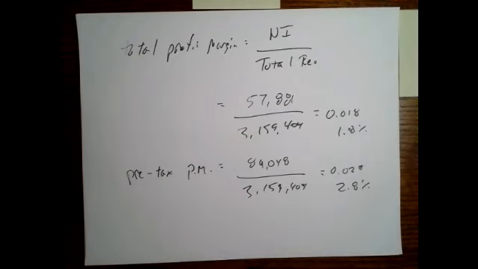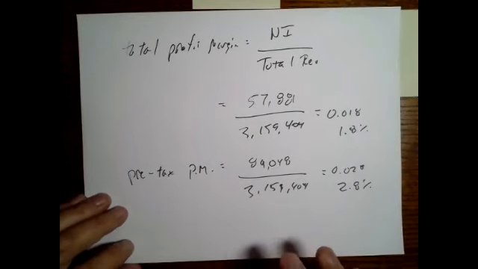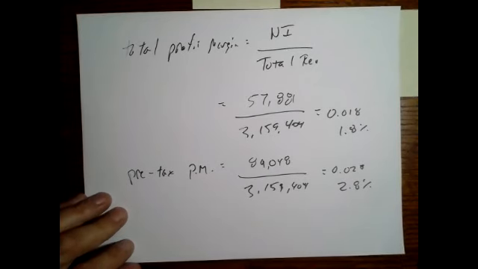So if you're looking at how effective management is at managing the expenses of the organization, for comparison purposes you'd want to ignore the portion of the expenses related to income taxes. So that's why this would be useful. A better comparison between Green Valley, a for-profit, and a not-for-profit organization would be to look at the pre-tax profit margin for Green Valley.